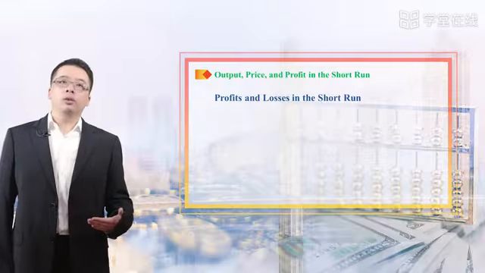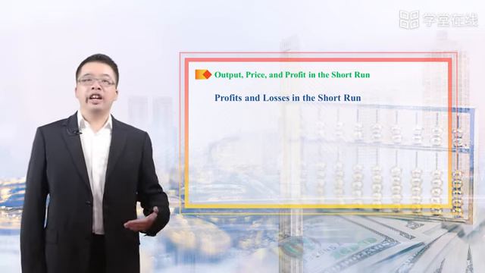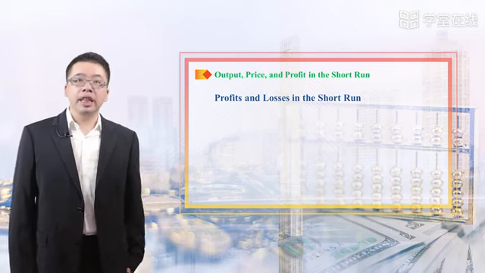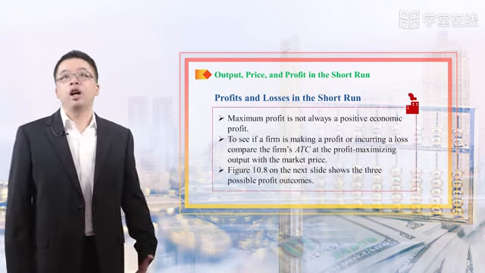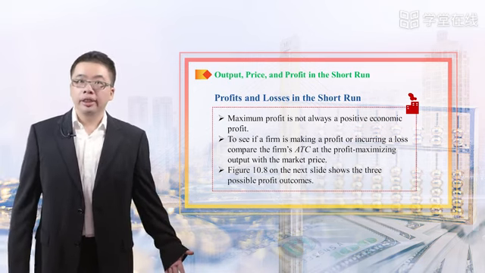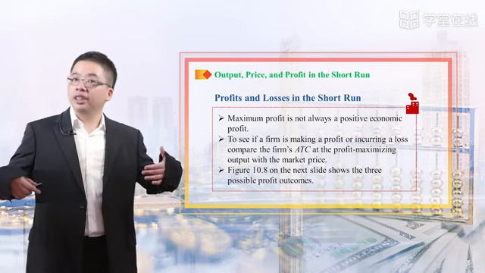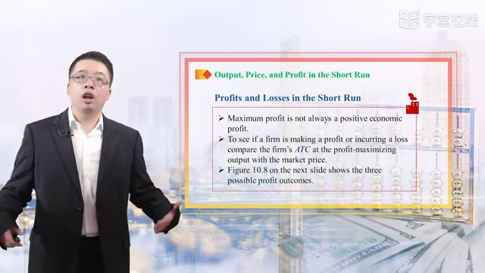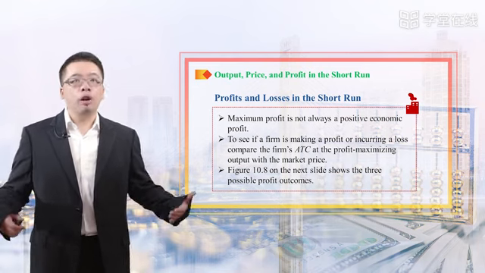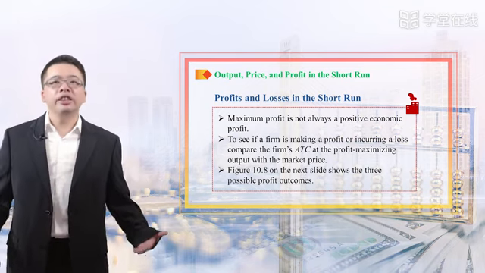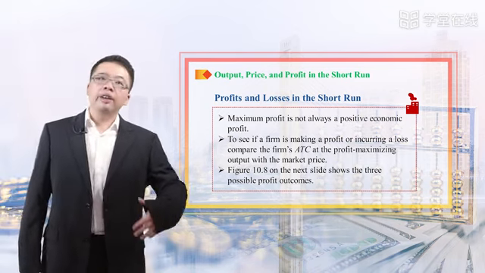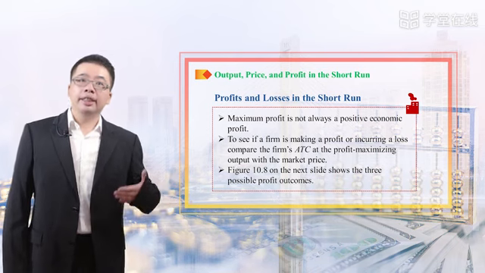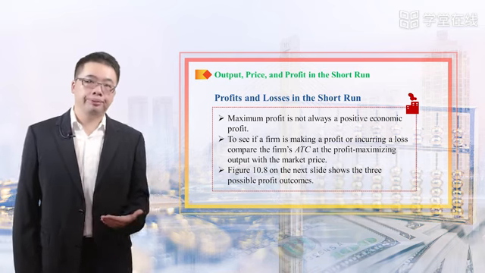Okay. So then we can talk about profit and losses in the short run. Because, as we have discussed in the last section, in the short run firms may suffer a loss. Maximized profit is not always a positive economic profit. If it's negative, it means it incurs a loss.